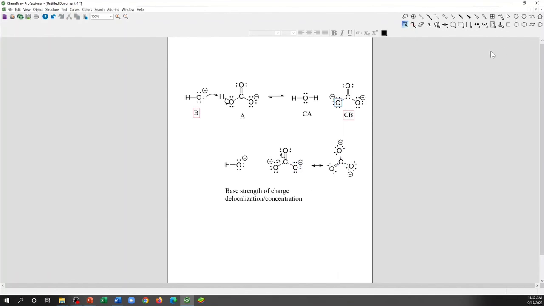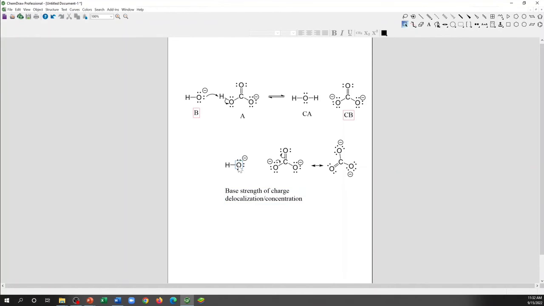And the point that I'm getting to is that this carbonate actually doesn't have a -1 charge on the oxygens. Because of resonance delocalization, those 2 negative charges are evenly distributed across all 3 oxygens, and therefore the true charge on the oxygen in carbonate is a negative 2/3. And bases are stronger when the charge is higher on each individual atom and more concentrated.